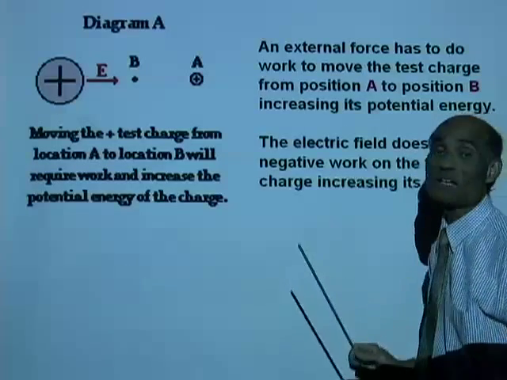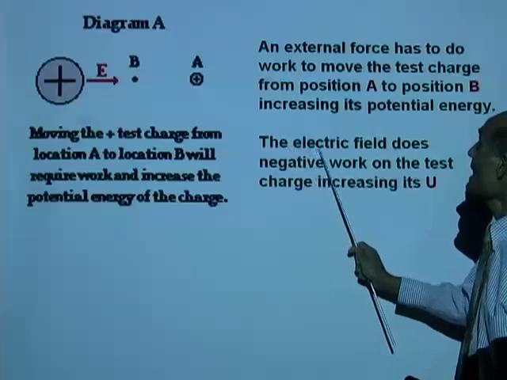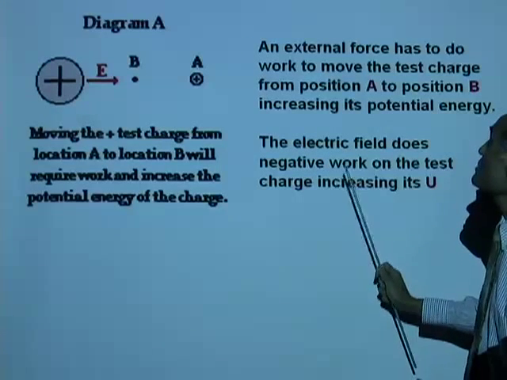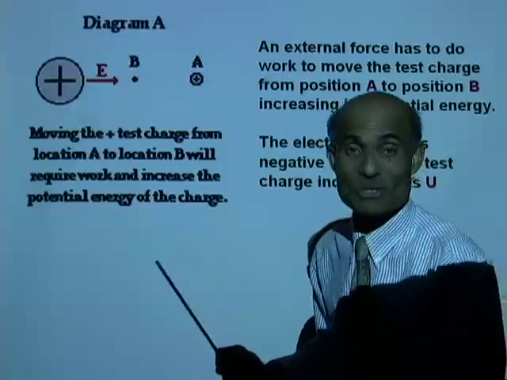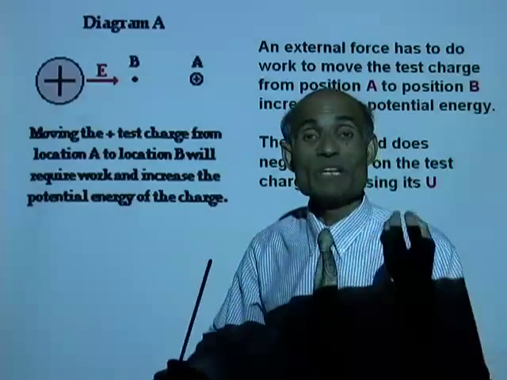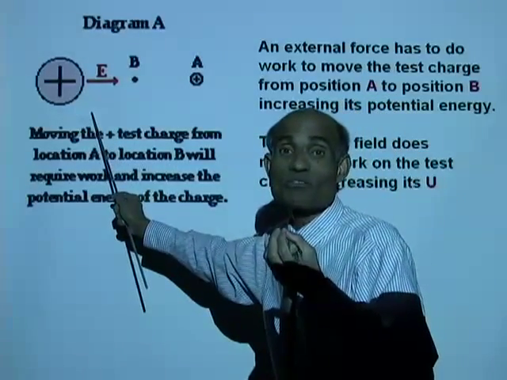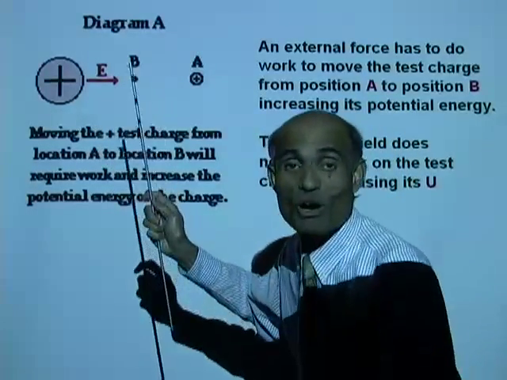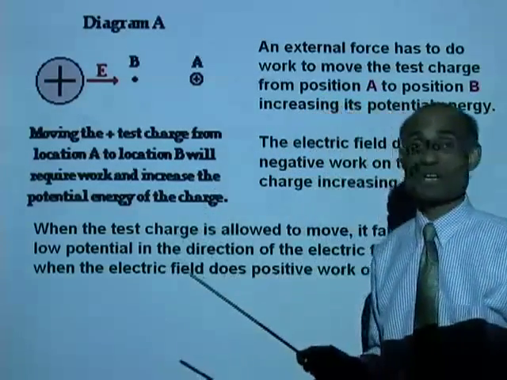Therefore, how do we measure or how do we define electric potential? The electric field does negative work on the test charge, increasing its potential. That means the negative work done by the conservative electric field is a measure of the increase in potential of the test charge.